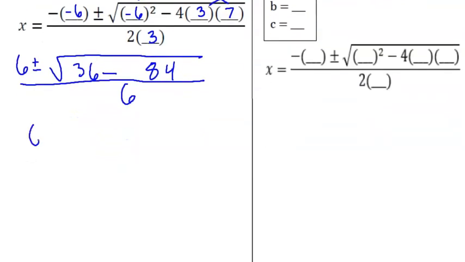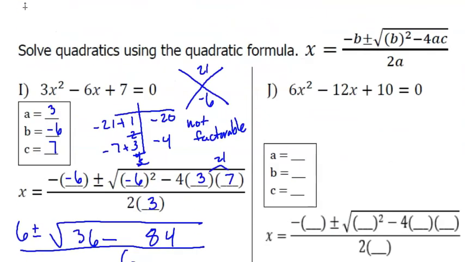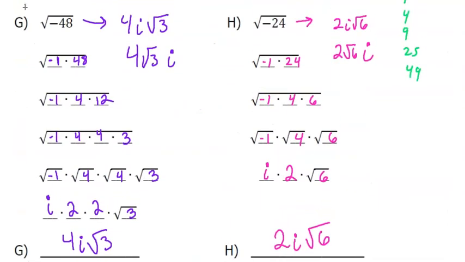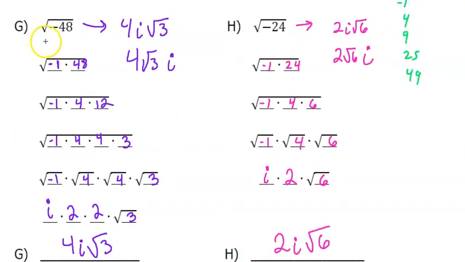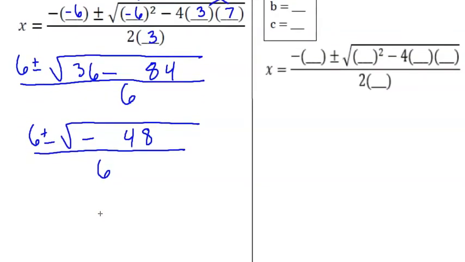And then we have 6 plus or minus the square root of negative 48 all over 6. If you look from before, the square root of negative 48 is 4i square root 3. 6 plus or minus 4i square root 3 all over 6.